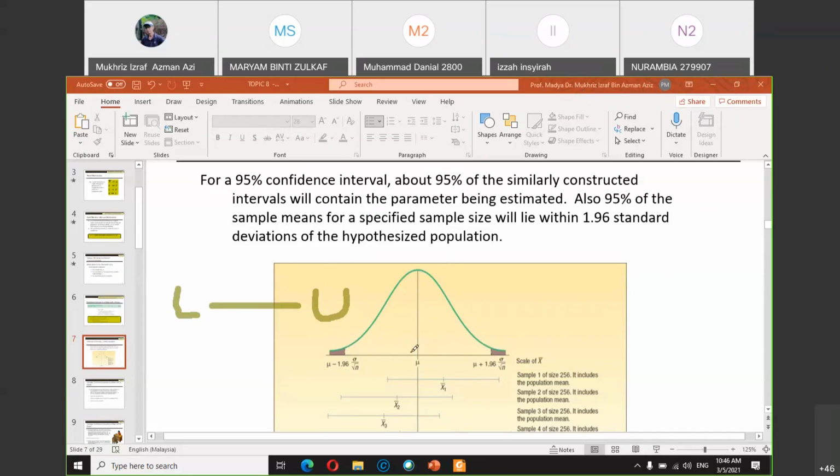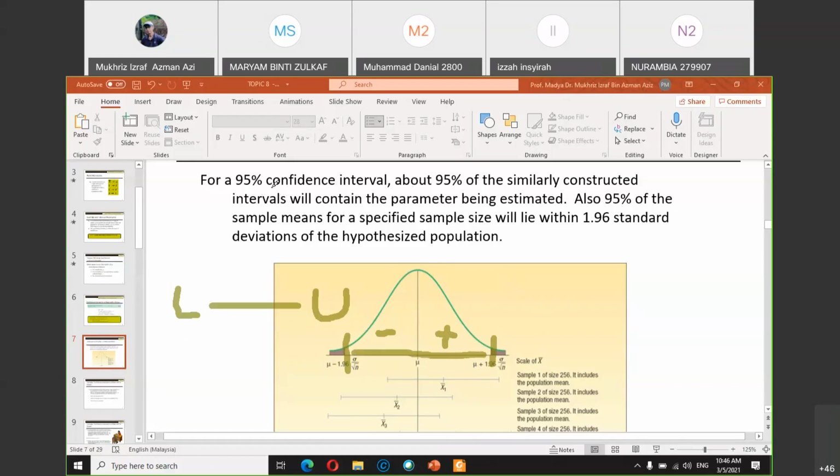So you have the area on the negative side and the area on the positive side. The lower interval refers to the left side, the negative side, and the upper value refers to the positive side. That's why this is minus and this is plus.